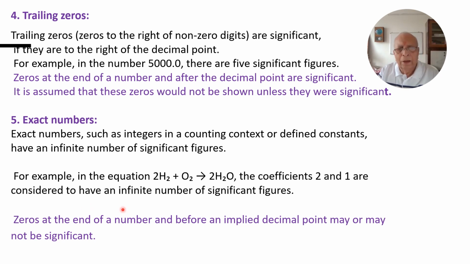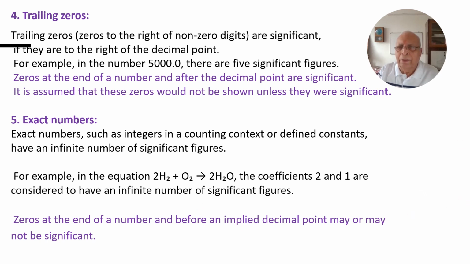It has an infinite number of significant figures. That is very important. Suppose I make it 4, 4H2, then O2 will be 2O2 and will give 4H2O. So all these values you are getting are significant numbers here.